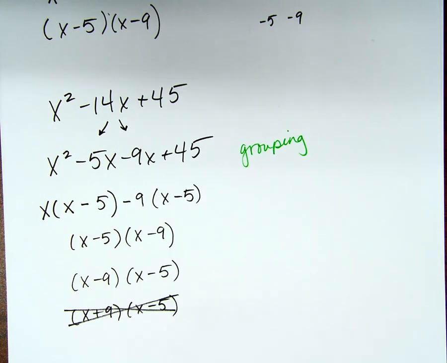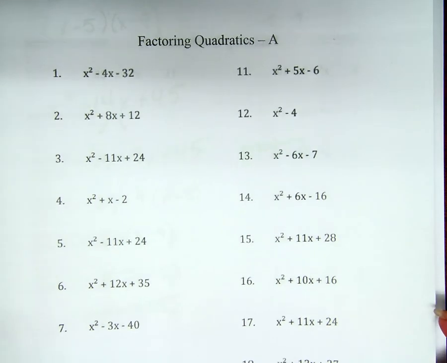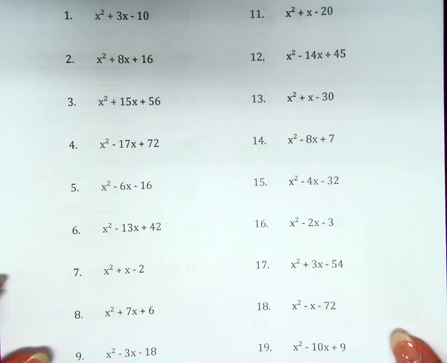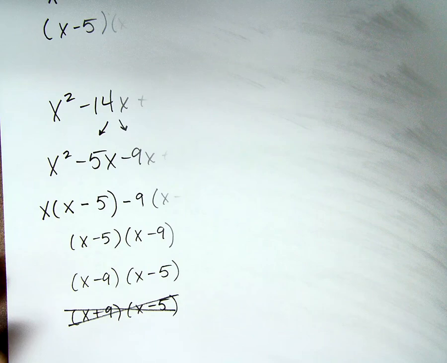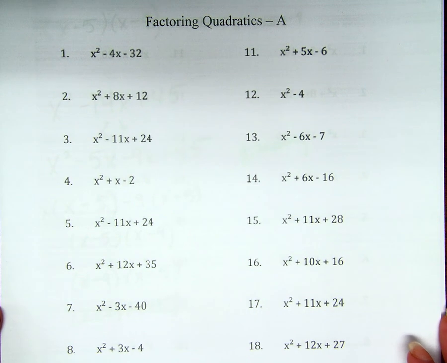Okay, then let me give you your worksheet for today. Yes, we have a worksheet today. I thought we would do something different. Notice on the front of your worksheet, you have 1 through 20. And on the back of your worksheet, you have 1 through 20. I would like you to do the evens. Got it?